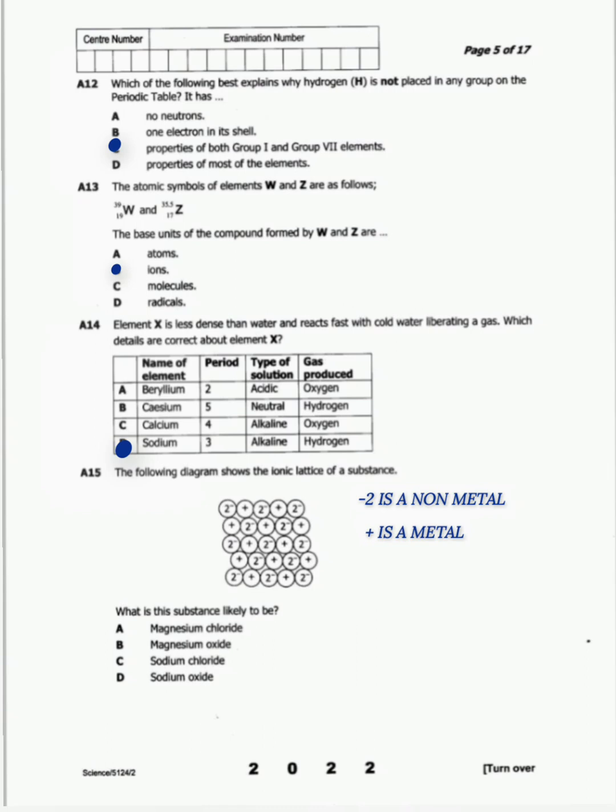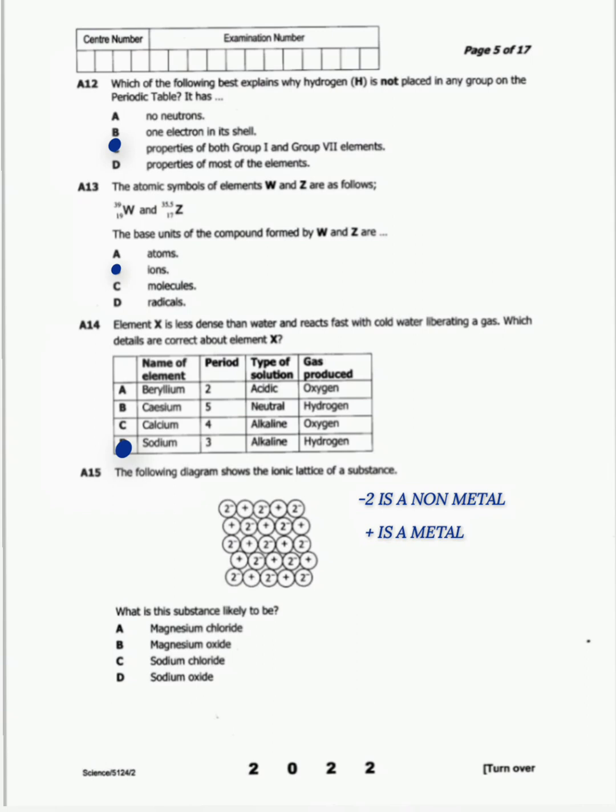As for magnesium chloride, magnesium has a valence of 2 and it can lose 2 electrons to become positive. So we can say it is 2 to the power positive. Now this one here is saying 2 to the power negative, which means this one is not magnesium. So magnesium is out, which is A, and even B, which is magnesium, is out.